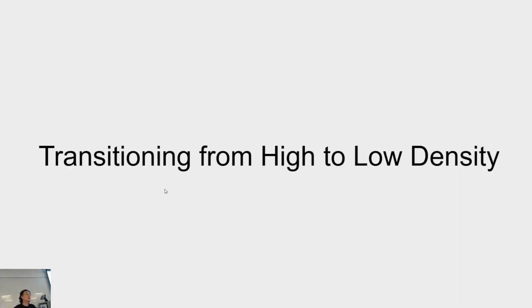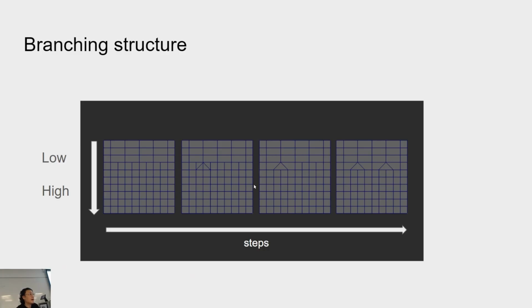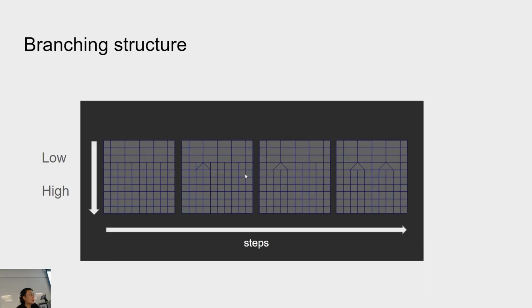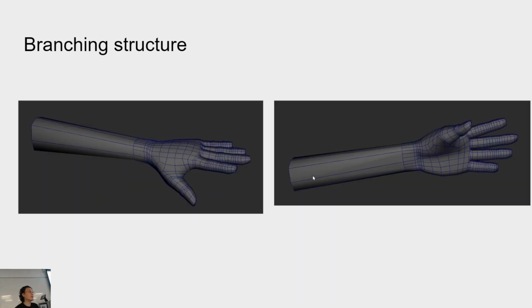Transitioning from high to low density. Okay, before we look at these more simplified versions of topology, let's look at some examples. Very often, when you create your character, at some point you will have a situation like this.